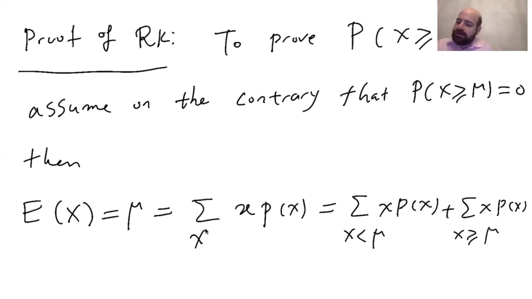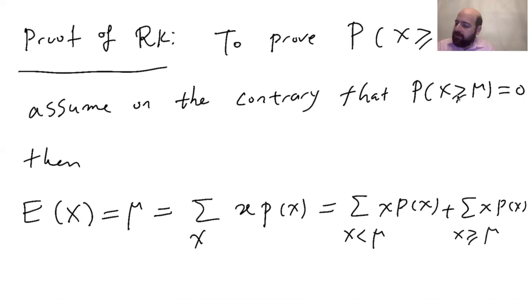Now, what is my assumption here? My assumption is that P of X bigger than or equal to mu is equal to 0. So that means the probability that capital X equals any number bigger than or equal to mu is 0. When we say the probability of capital X greater than or equal to mu is 0, that means the probability of X equaling any number bigger than or equal to mu is 0.